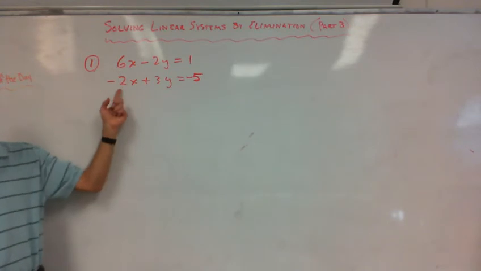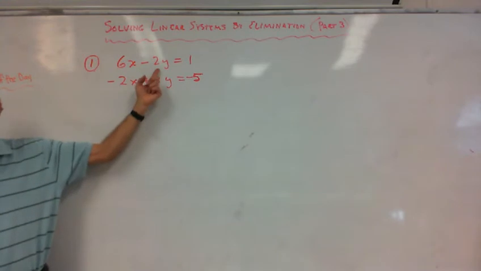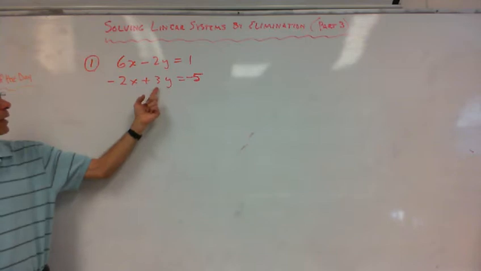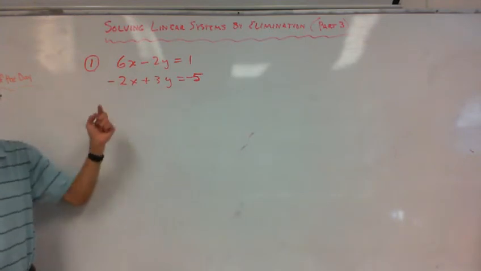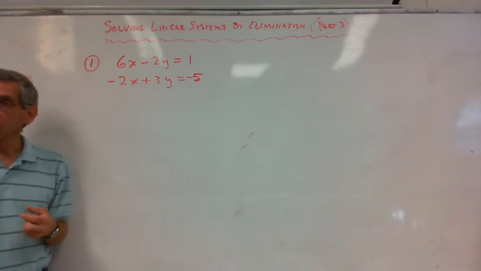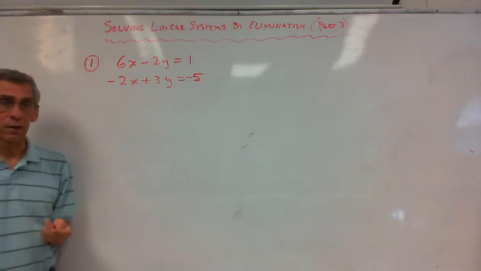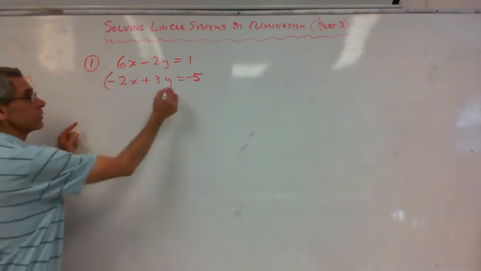So he said multiply times 3. Or here, could I turn the 2 into a 3? I guess I could multiply it by 1.5, right? And then I'd get a negative 3 there. But my recommendation is don't do the ones that are decimals, right? Choose the easier one, and the easier one is going to be this.